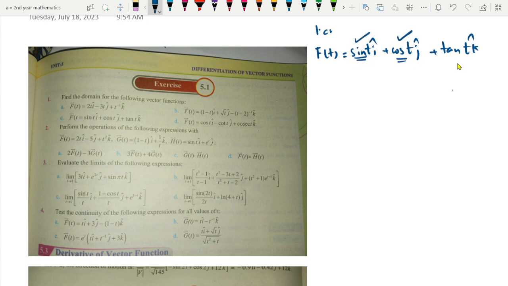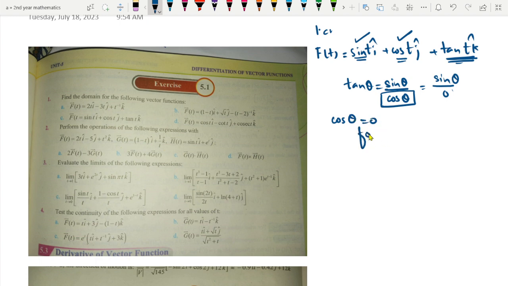This is also defined for all values of t, and we know that tan of theta is equal to sine of theta divided by cos of theta. And when cos of theta is equal to 0, this will become undefined. We know that cos of theta is equal to 0 for theta is equal to pi by 2 or odd multiples of pi by 2, so we can write (2n plus 1) times pi by 2.